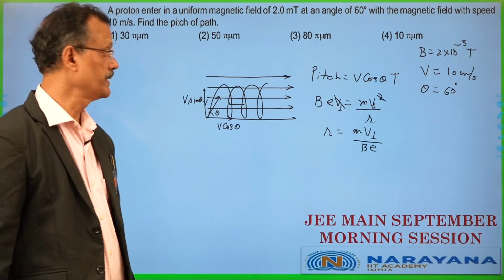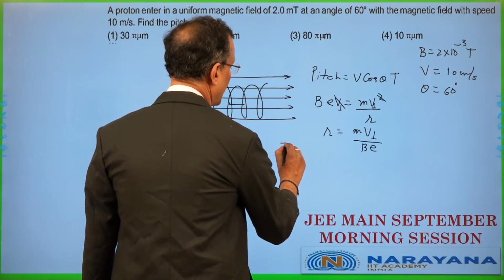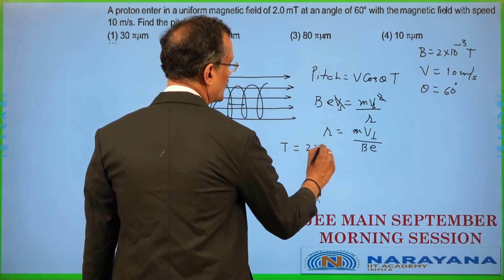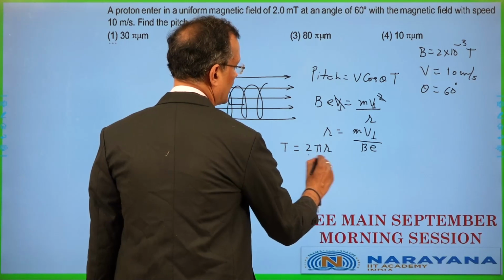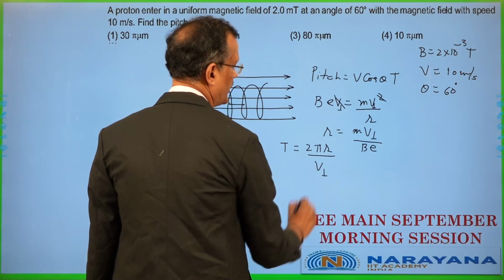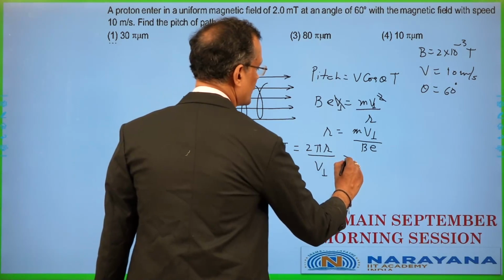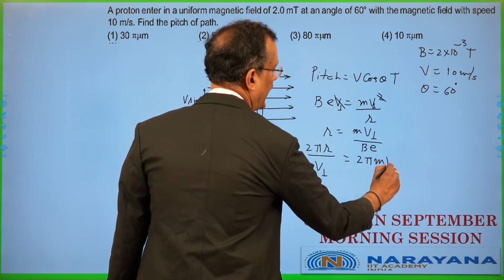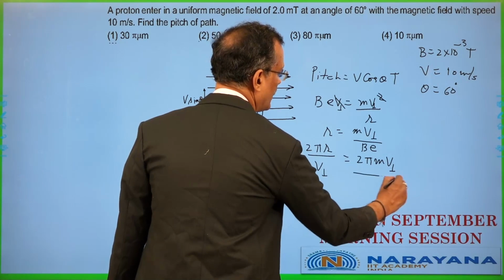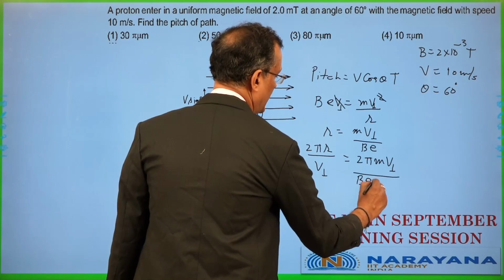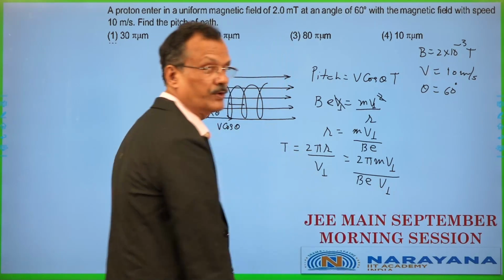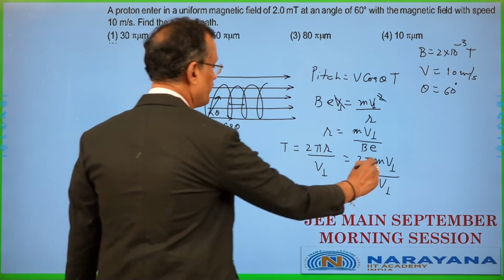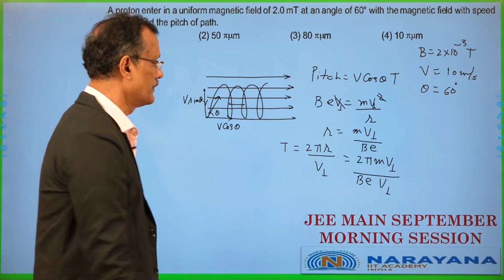You want the time period. Now time period is 2 pi R by V perpendicular. So this is equal to 2 pi R, and you have here mv perpendicular by BE V perpendicular. This V perpendicular means V sin theta.